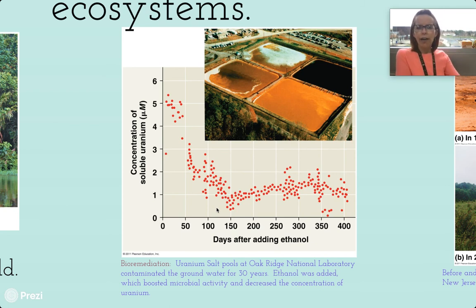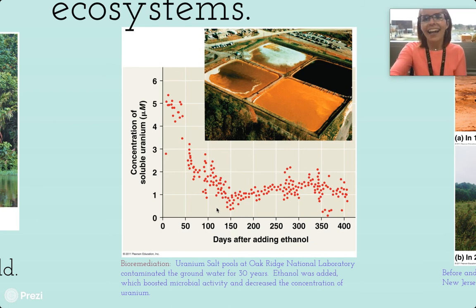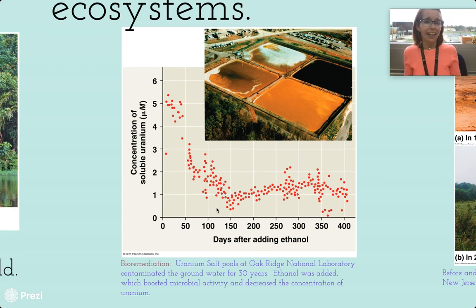So they figured out how to mess with the chemistry and add, I believe it was bacteria, microbial activity. It doesn't say for sure what it is, but they added microorganisms that were able to eat up and break up the toxins. And so they reduced the amount of radioactivity in these ponds. They did it biologically.